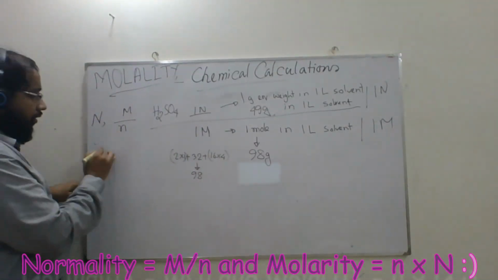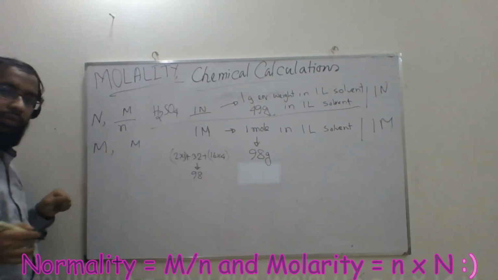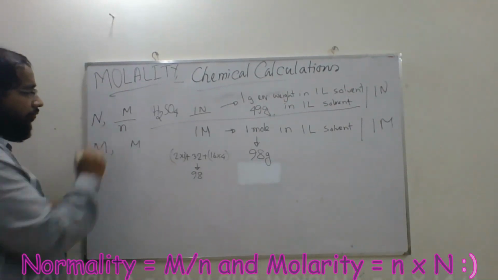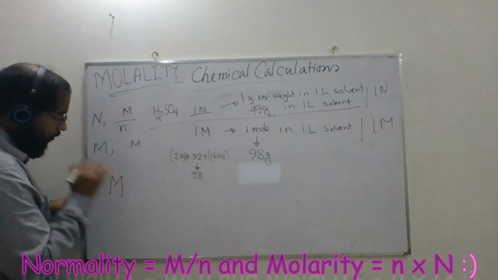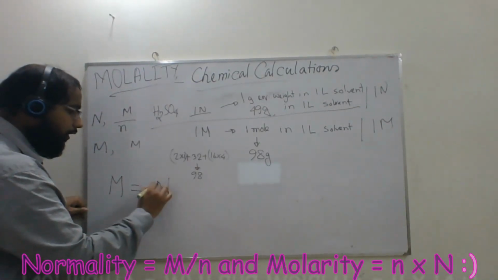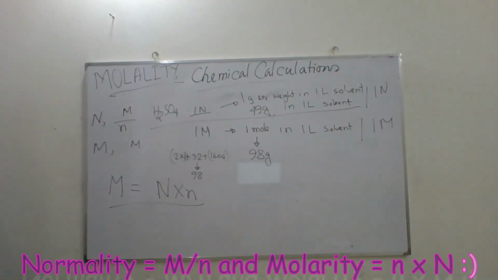For molarity, we just use M. Now, what is the factor that differs between them? Just n. So if we multiply normality with n, then we will find out M.